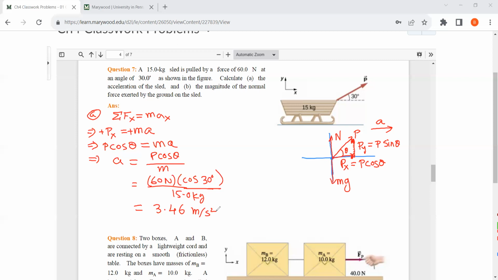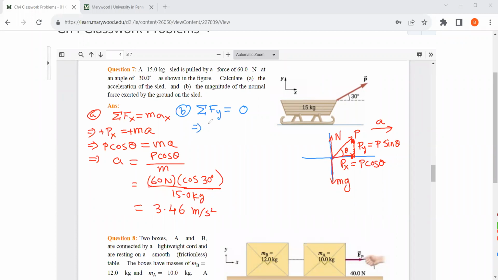Okay, all right. Now how about part B, the normal force? To calculate the normal force, we have to use this equation, Fy equal to may, because the normal force is along the y direction. But the acceleration is 0, so the right hand side is equal to 0.